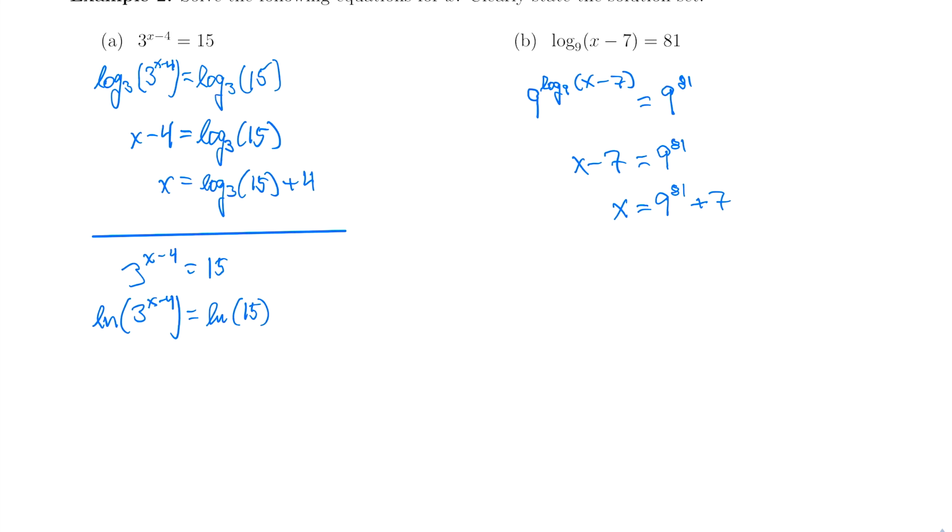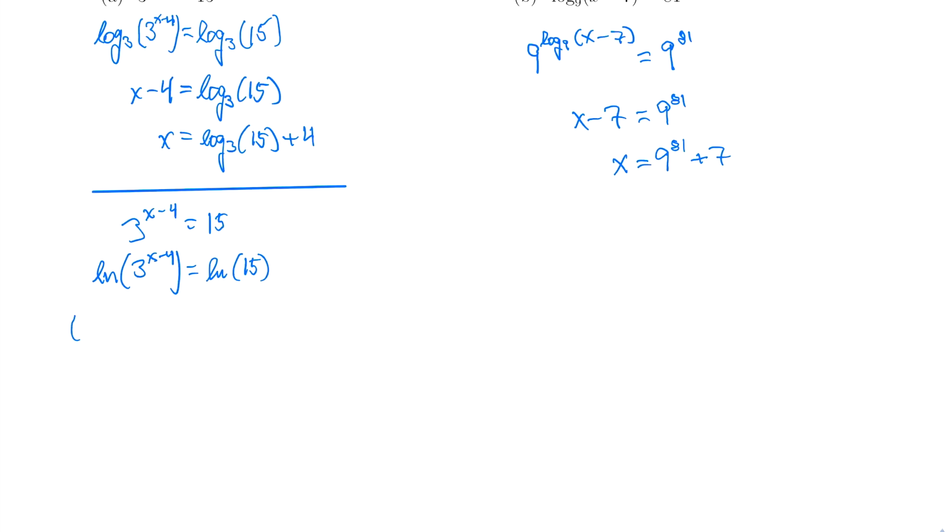So now on the left side, since we don't have the same base, we cannot just say, oh, that's my exponent. However, if you remember, a very important logarithm property is that I can take that exponent and put it up front. So I can now write here x minus 4 in the front, and then what I'm left with is ln of 3, and that equals ln of 15.